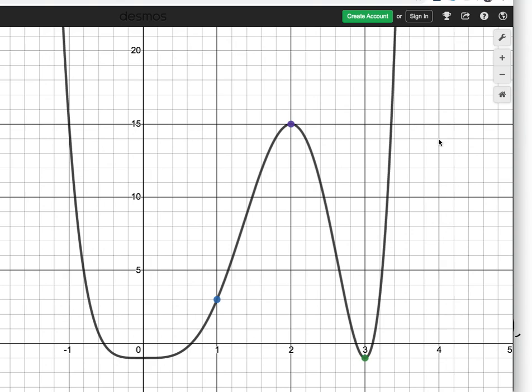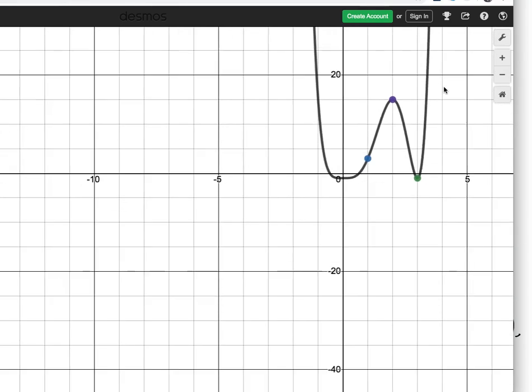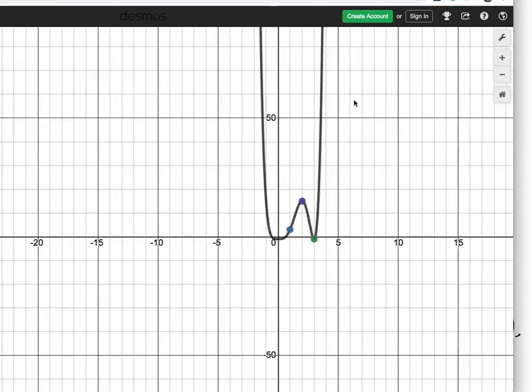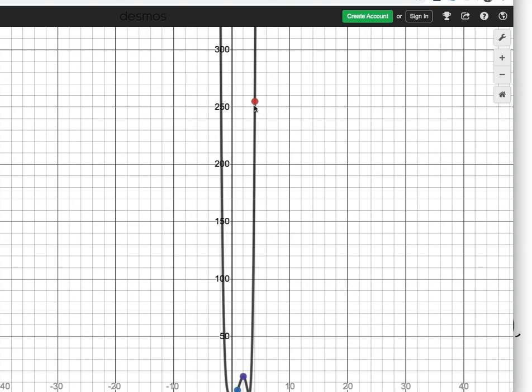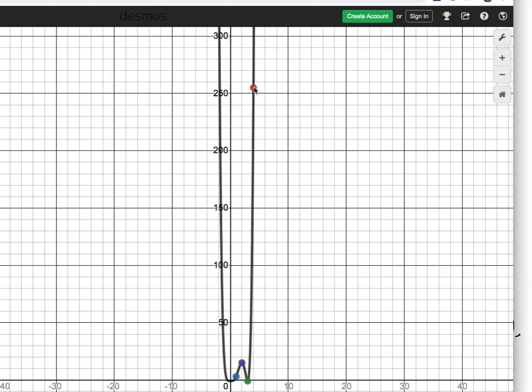Okay, and because it's hard to get the scale right on this graph, we can't actually see right now where the point is when x is equal to 4, because that y value was so large. We can definitely tell that it's going to be the largest value, but maybe let's scroll out a little bit. I have to keep scrolling because remember that y value is at 255, and we see that it's all the way up here. So that endpoint definitely gives us the global maximum in our interval.